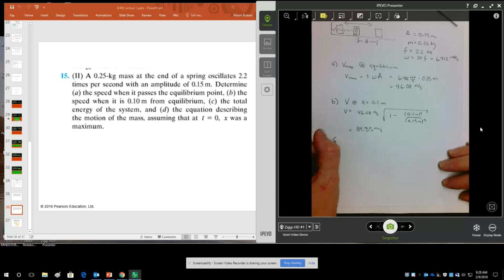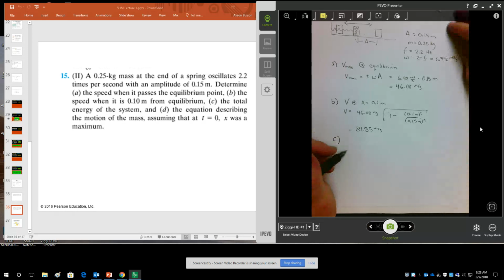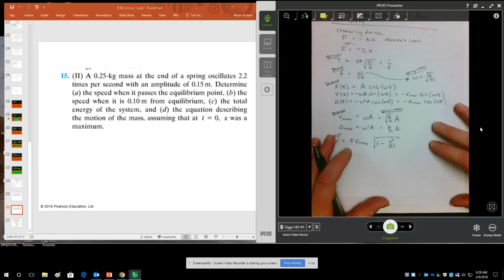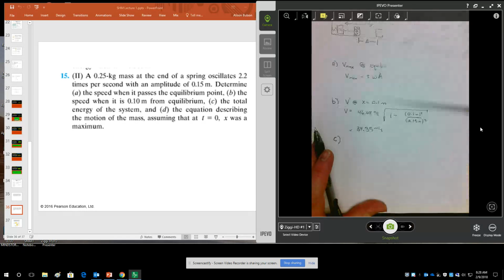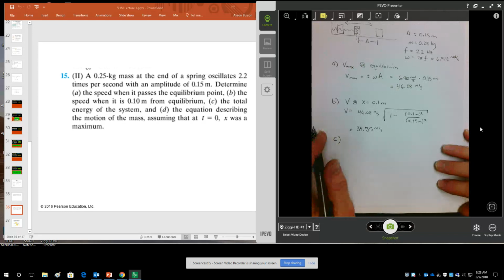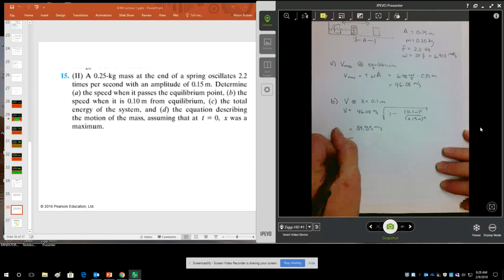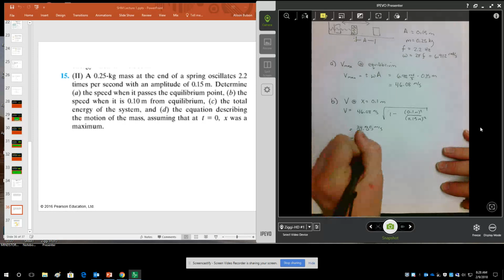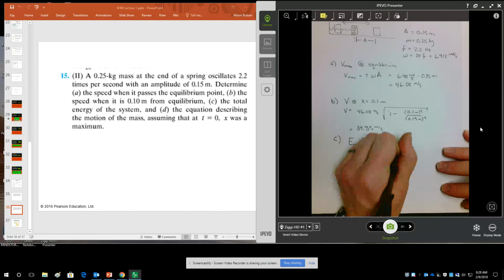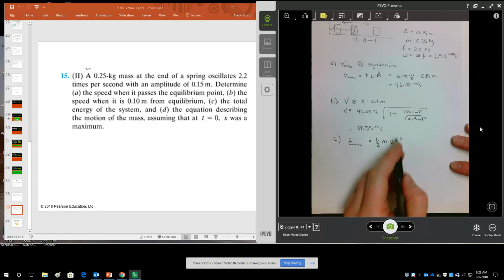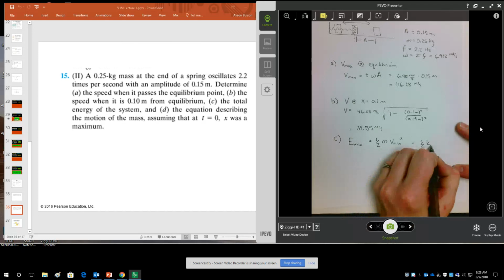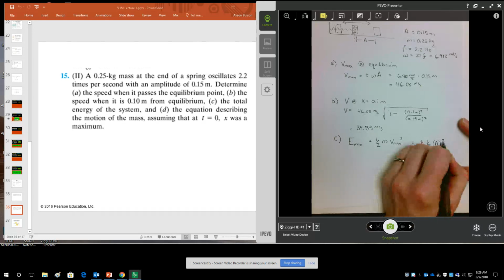Okay, C, what's the total energy of the system? Well, again, coming back to the useful things to know, which I need to add, the maximum energy occurs at, so I have Emax either at maximum kinetic energy, so half times mass times max velocity squared, or at maximum spring potential energy, half K times A squared.